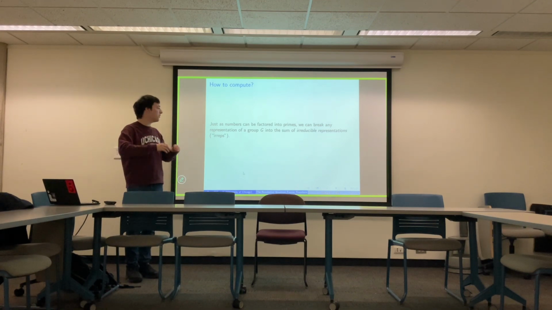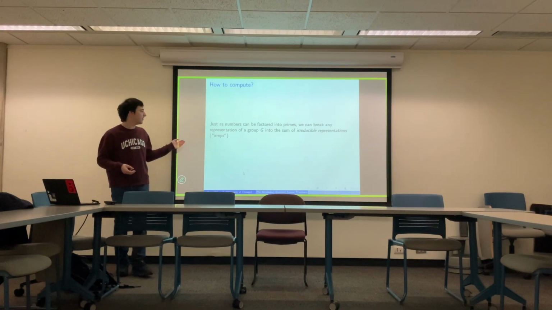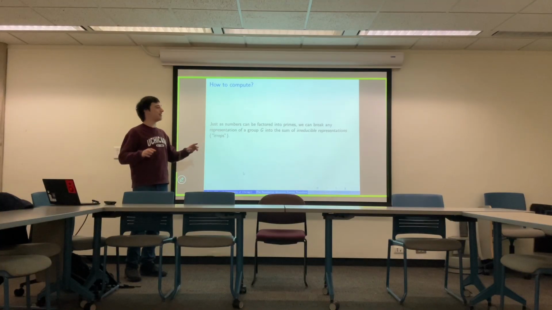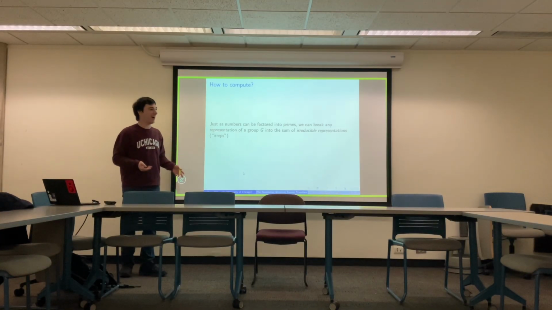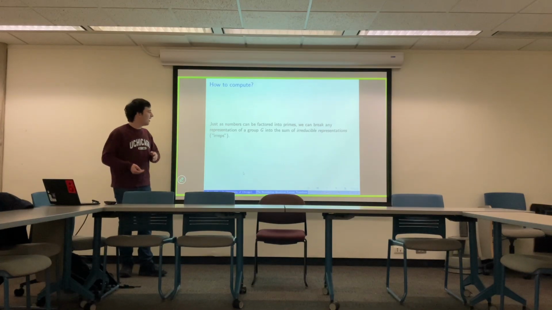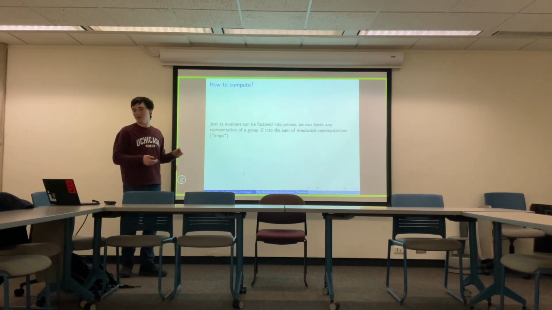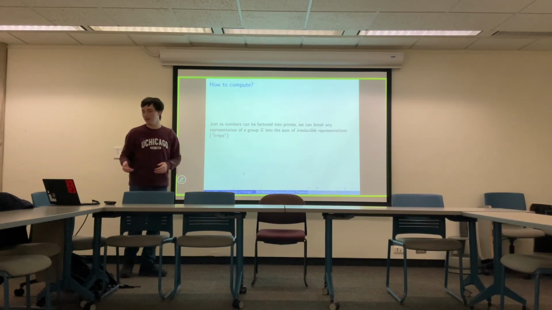And so we can build every representation out of a finite sum of a finite number of building blocks, which are these irreps. Implicitly, I'm assuming the group is finite, and we're in C because that's the nicest place to do representation theory. But there's going to be this finite number of irreps that we can just compute, and then we can get the Fourier transform for any representation.